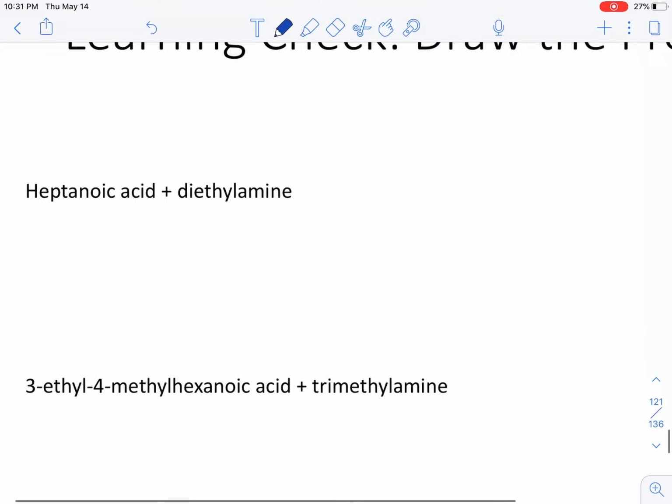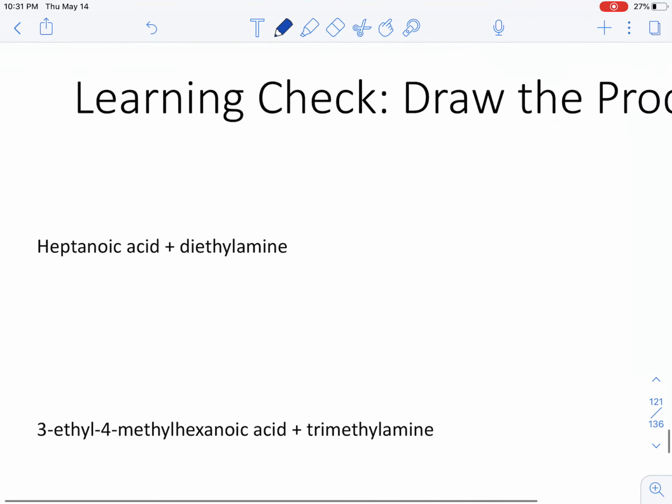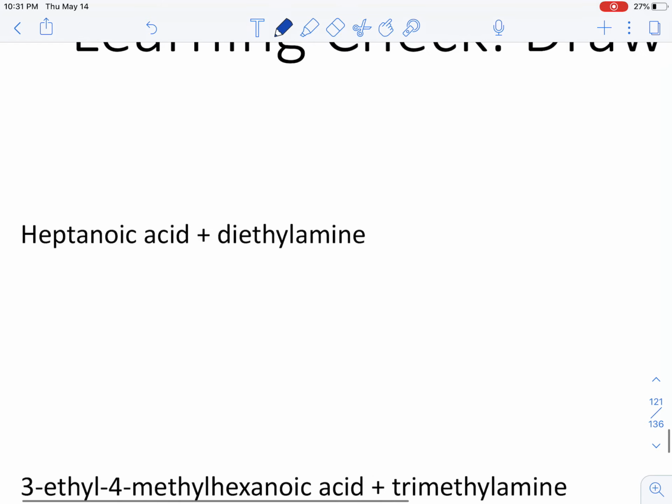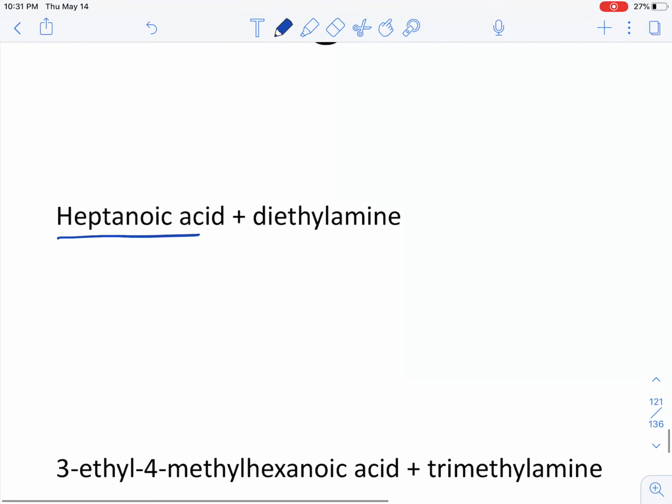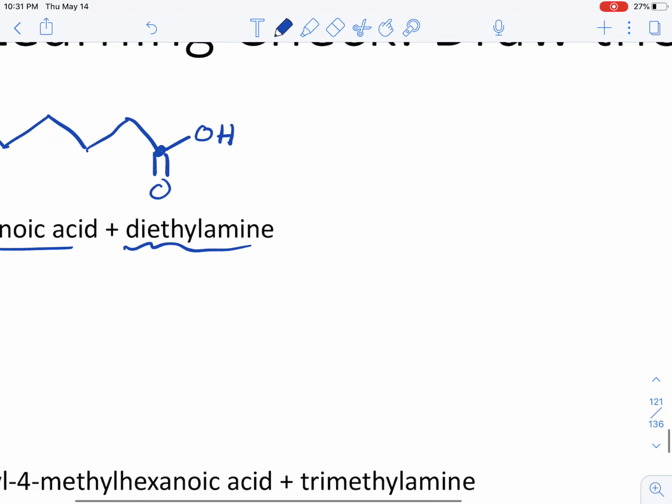Let's go ahead and quickly draw the product here. We have heptanoic acid and diethylamine. Heptanoic acid is a 7-carbon carboxylic acid, so that's 1, 2, 3, 4, 5, 6, 7, and on the 7th carbon, we have our carboxylic acid. It's being reacted with diethylamine.